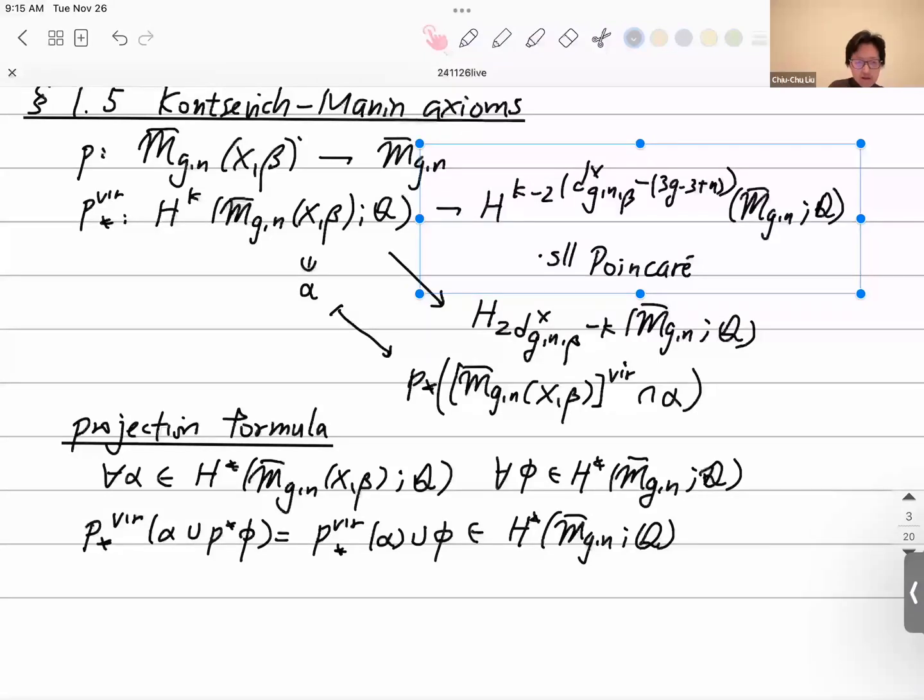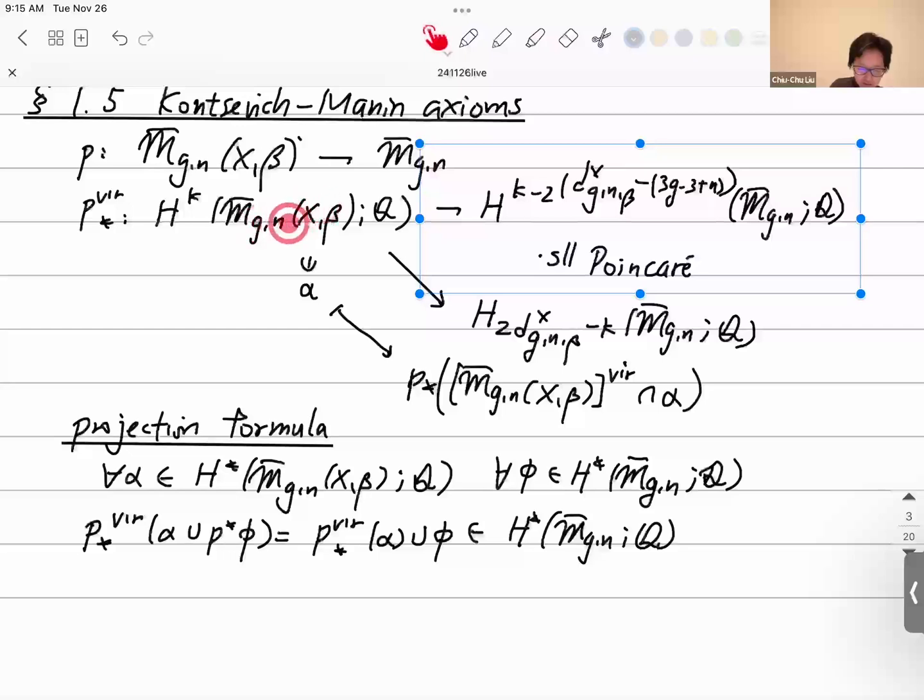And this decreases the degree by the relative virtual dimension, which is equal to the virtual dimension of M bar g,n of X, beta, which we denote by d upper X lower g,n,beta, minus the actual dimension of M bar g,n, which is 3g minus 3 plus n.